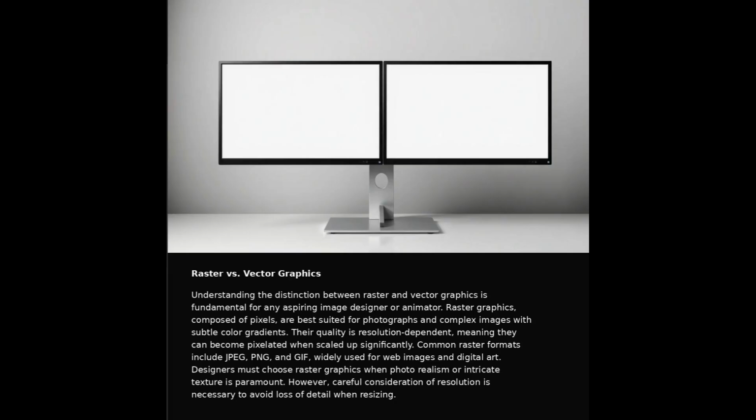Common raster formats include JPEG, PNG, and GIF, widely used for web images and digital art. Designers must choose raster graphics when photorealism or intricate texture is paramount. However, careful consideration of resolution is necessary to avoid loss of detail when resizing.